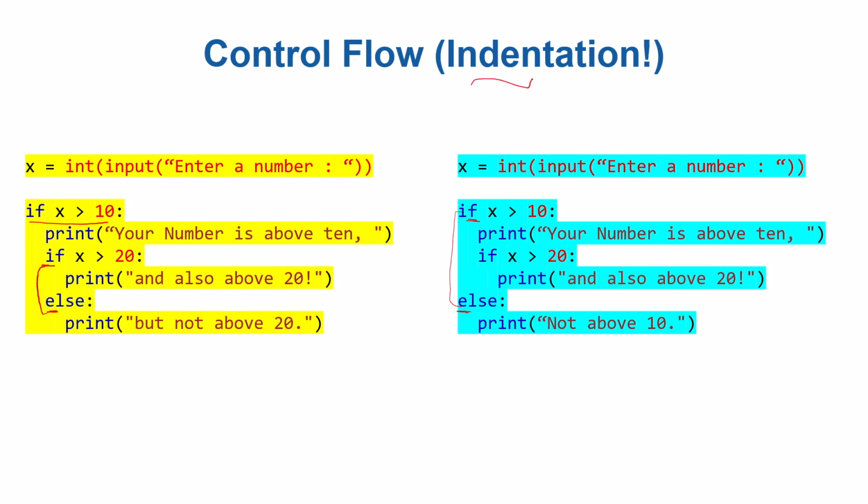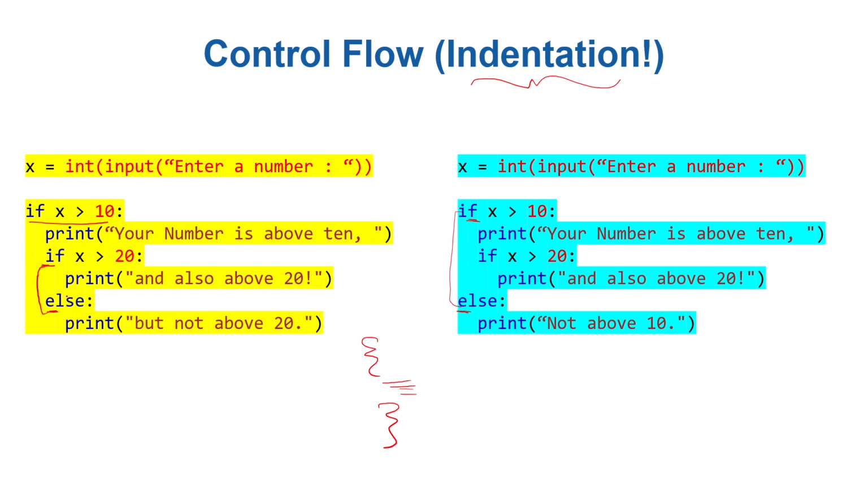So remember the power of indentation. This is the indentation that defines which part belongs to what kind of block or structure in Python. In other languages, for example in C++, they normally use curly brackets to define a block, and their indentation doesn't really matter. But in Python, the indentation actually defines each and everything.